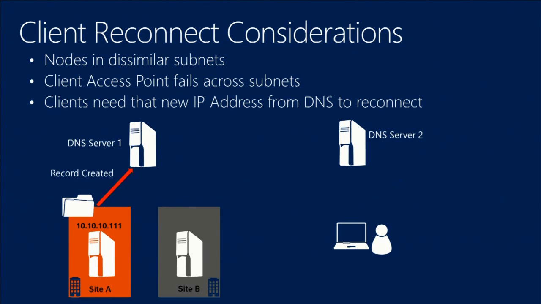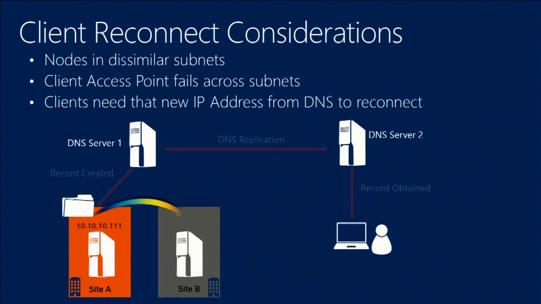That IP address gets recorded with the DNS server, and the DNS server then replicates to another DNS server instance. And when the client communicates to the service, it, let's say, talks to DNS server 2, and so it gets the IP address, everything's happily running, that's good.